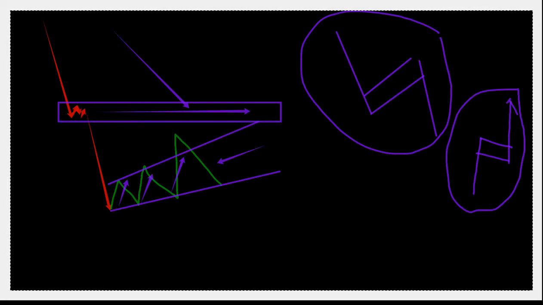So it does give long scalping opportunities, but the net bias has to remain with the trend, and the trend will be defined by the direction of the momentum preceding that flag formation. So in this example, we're clearly showing a bearish momentum, and we would keep the net bias in that direction.